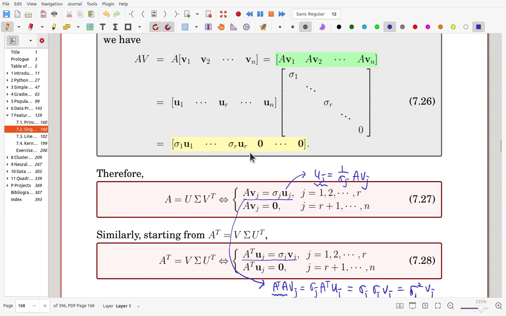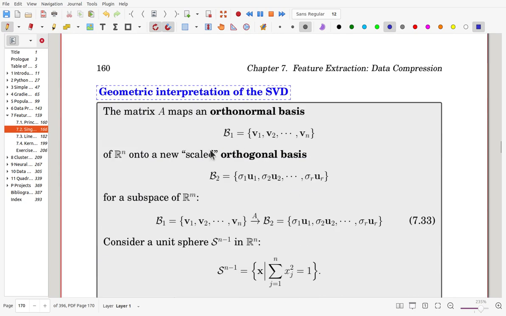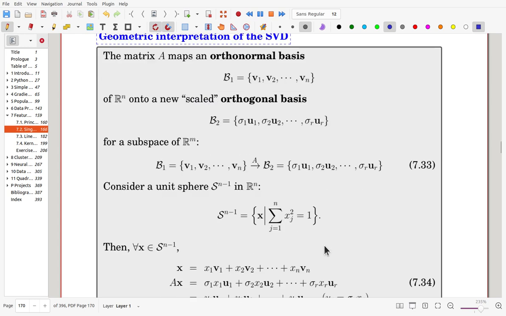So we can say that A maps the orthonormal basis V1 to Vn to the scaled orthogonal basis sigma 1 u1, sigma 2 u2, and up to sigma r ur. So here the basis 1 to basis 2, we can write in this way.